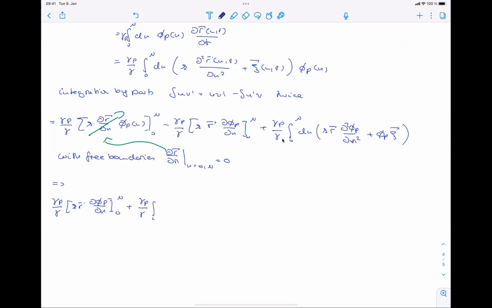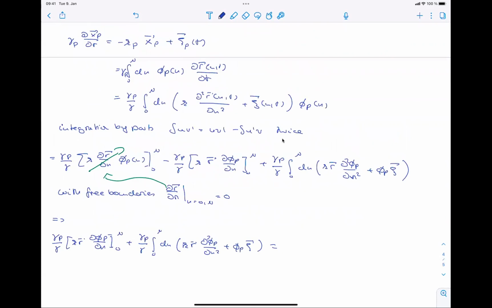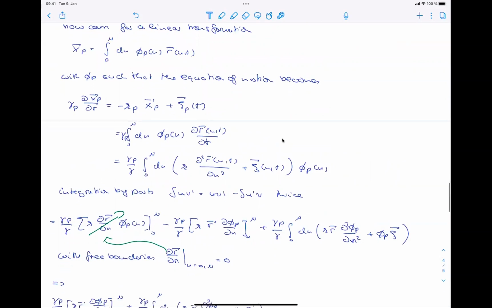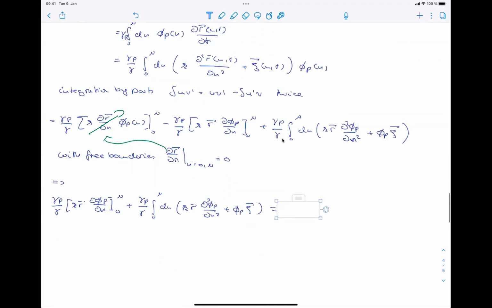On the right hand side, we have X_p times k_p times X_p, and I'm going to insert for X_p the definition in terms of phi_p.